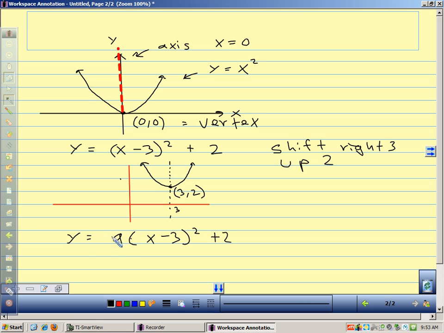And if we have a negative in front, that's going to flip it upside down. So just a quick reminder, a is going to stretch or compress, and this is horizontally.